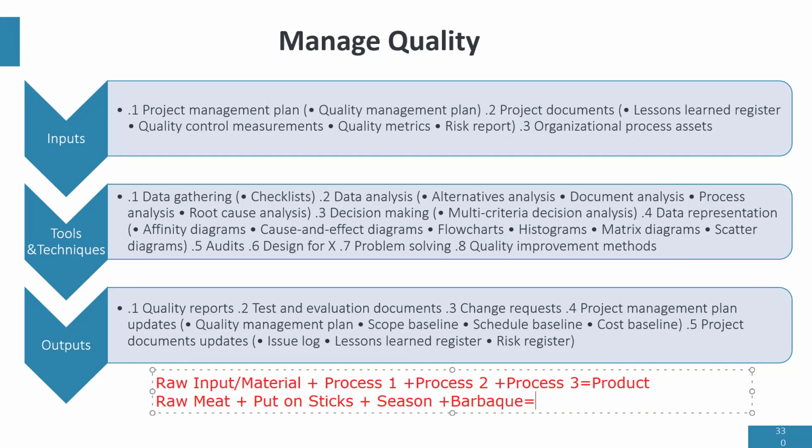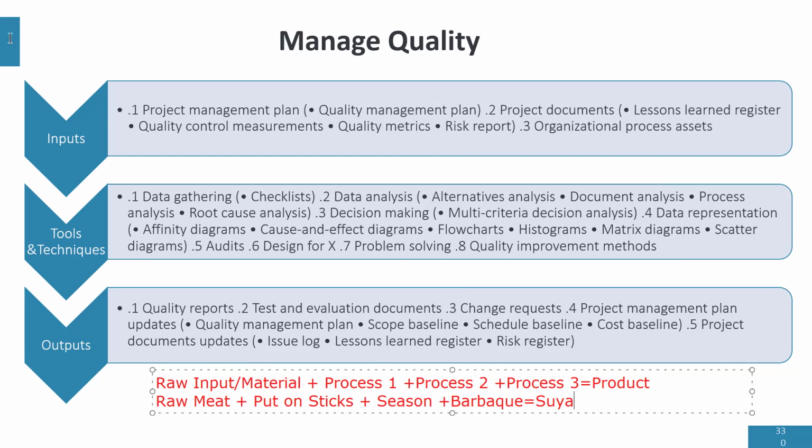And the product is suya, or roasted meat. Right. Now, the job of quality assurance is to validate your processes, while the job of quality control is to validate the product itself.